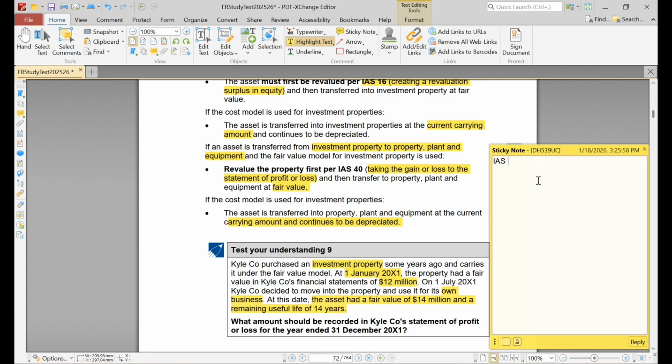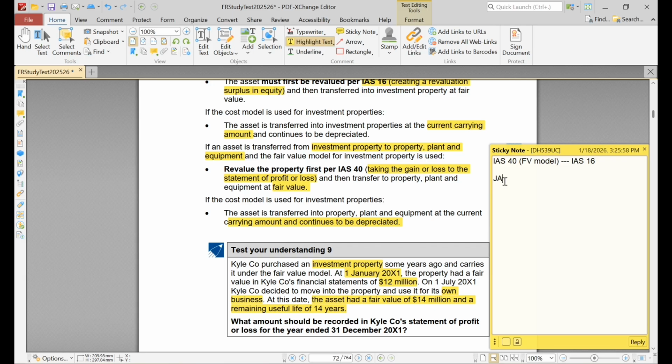So this is the case of transfer from IAS 40 fair value model to IAS 16, because it's mentioned here that investment property is carried under the fair value model. So it has been transferred from IAS 40 investment property to IAS 16 property, plant and equipment.